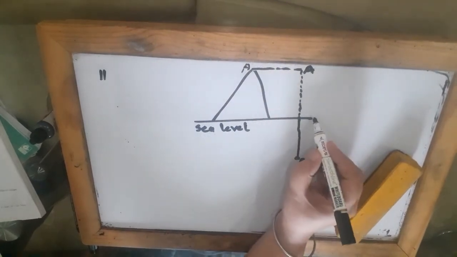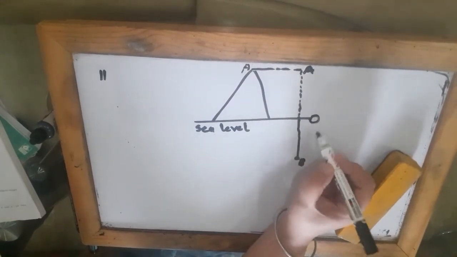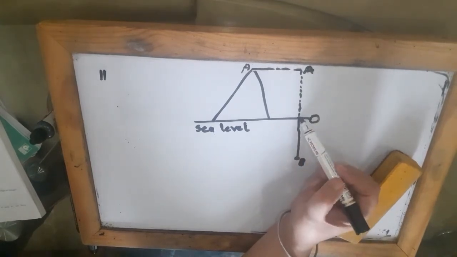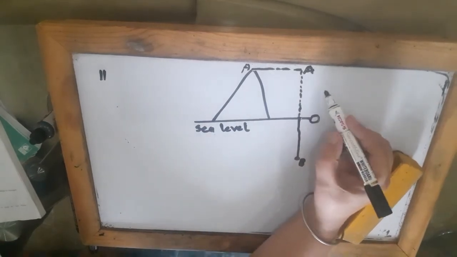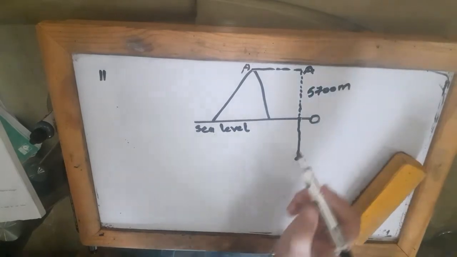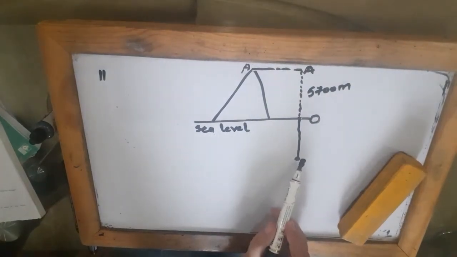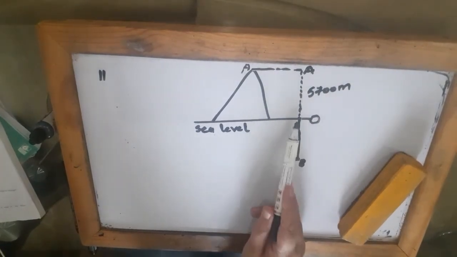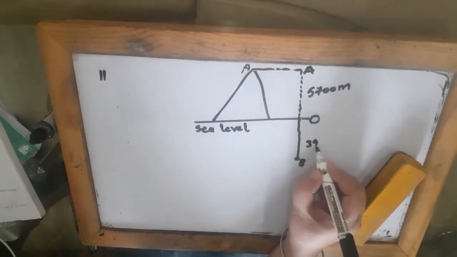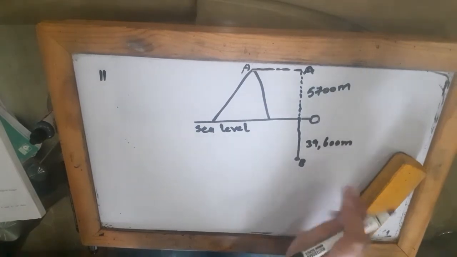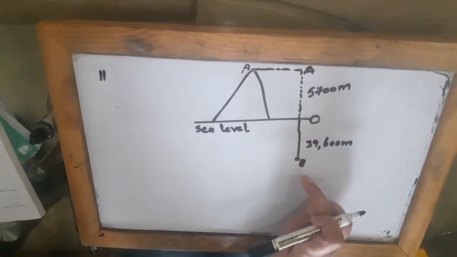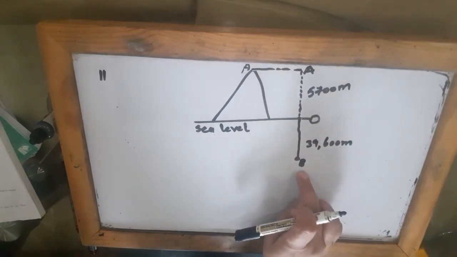I can name it as O. Let the sea level be O. So they are saying above the sea level, from O to A, the distance is 5,700 meters. And the point B is in a mine. In a mine means it's below the sea level, which is 39,600 meters below the sea level. So this distance 39,600 is below the sea level.